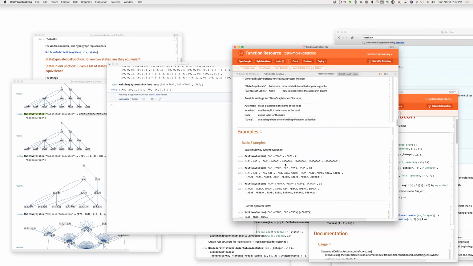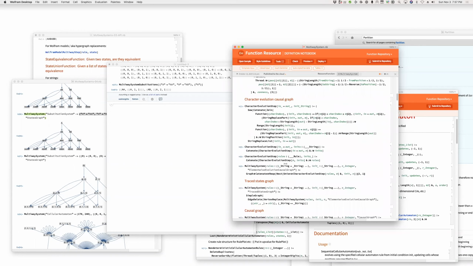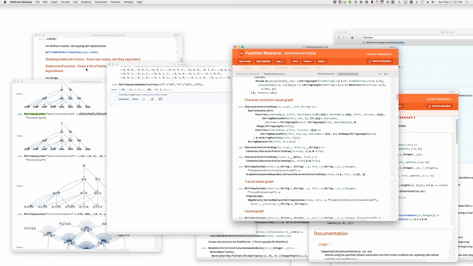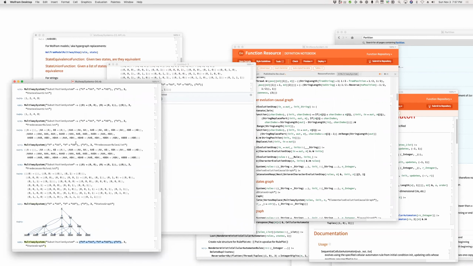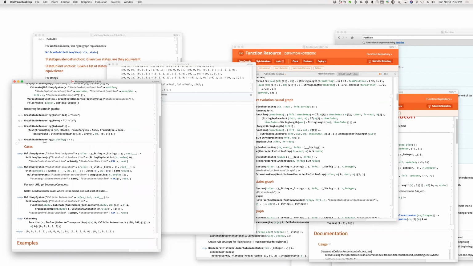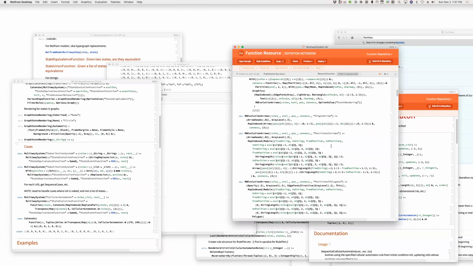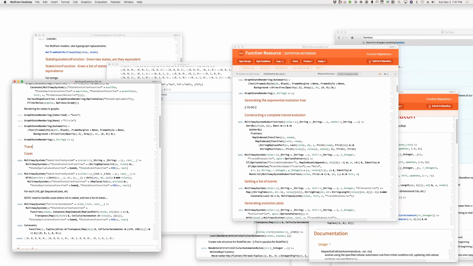Okay, so now we need to know what, so the thing we need over here is, okay, so based evolution.